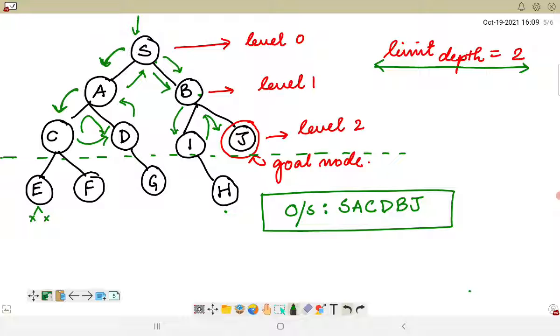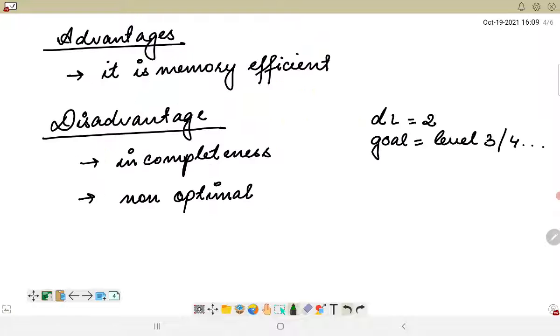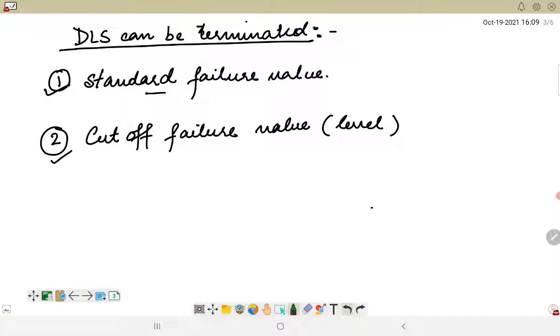So this is basically an advantage because it does not need to search the entire search space. However, it also becomes a disadvantage because if the goal was not within level 2, the entire search would have been terminated, right? So it would have attained the cutoff failure value.